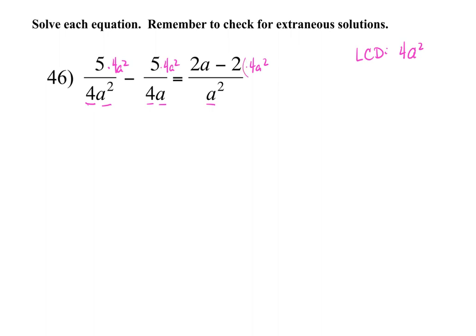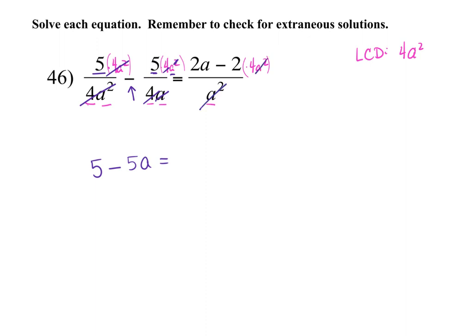All right. So I'm going to cancel what I can cancel. Here, the entire 4a squareds cancel. I'm left with just the 5. Don't forget you have a minus sign there. Here, the 4 and a will cancel, and I'm left with an a still and a 5. So I have 5 times a. Then put your equals.